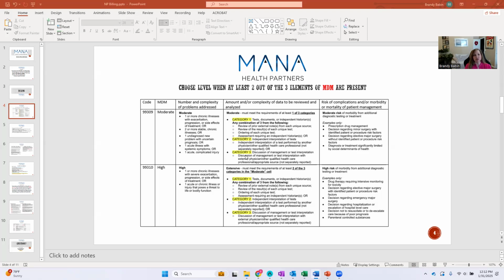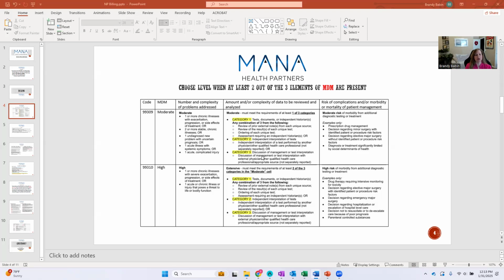Part of our standard documentation is to document that the patient's care has been communicated and collaborated with either the nursing staff, therapy, or the dietitian. So we're consulting every single visit with nursing as well as potentially other providers in the facility. So we automatically hit category three every single time. Now, this is saying one out of three.